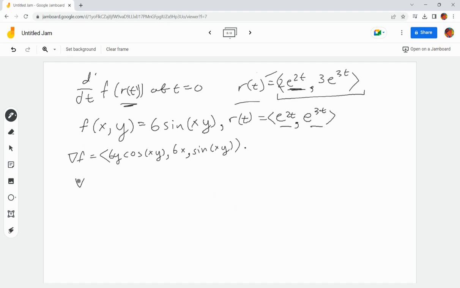Now we have these two, so we can do 6 multiplied by e^(3t) cosine by, what's this again? e^(2t), parentheses e^(3t). I believe multiplication equals 5t e, so you can do that too. Although it won't matter because of the special property of 0.